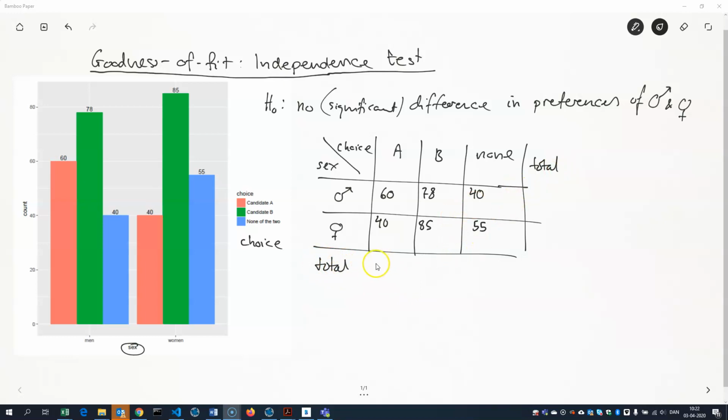Here we get 100, 163, 95, 178, and 180, and the total is 358.